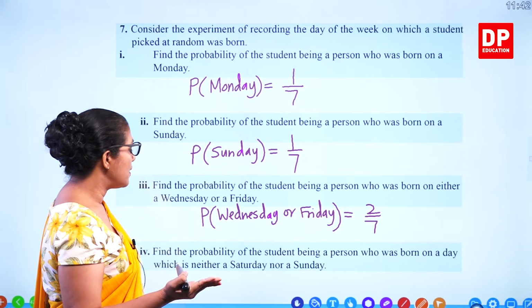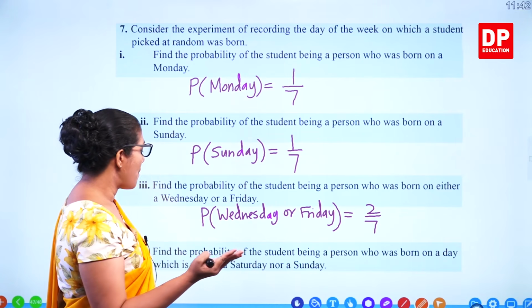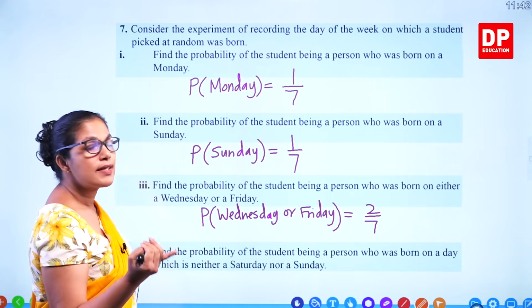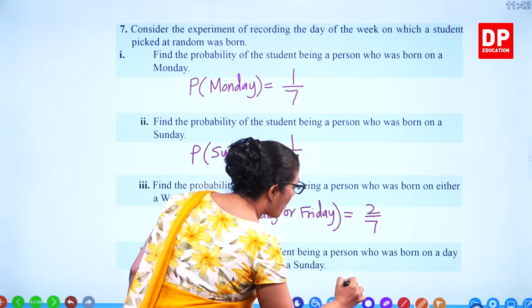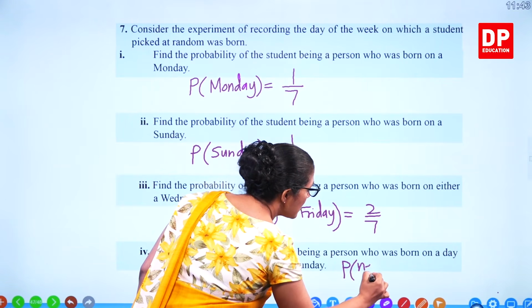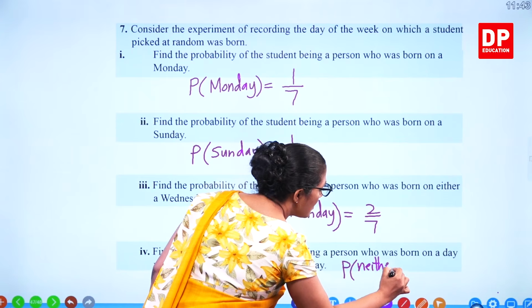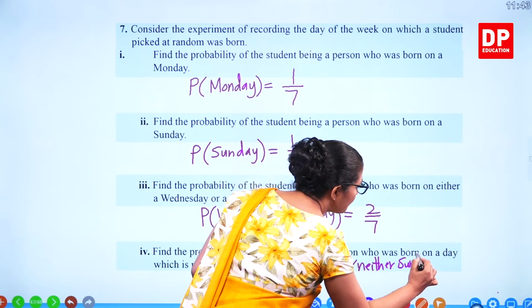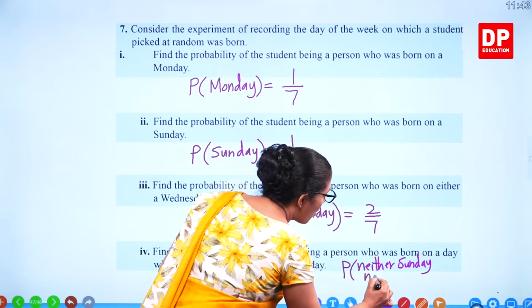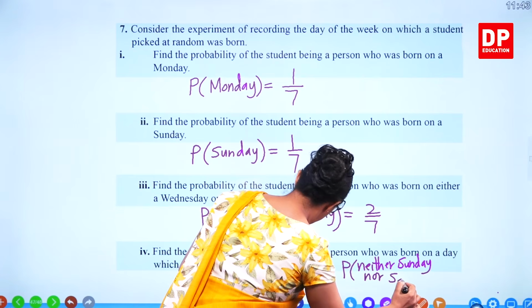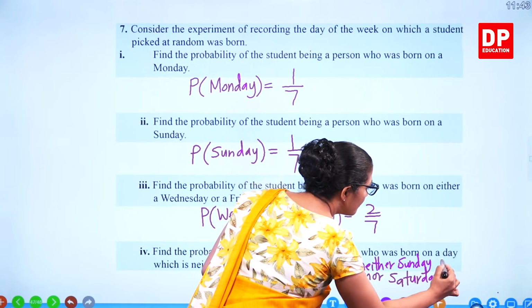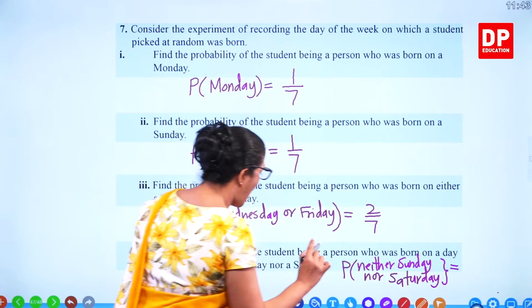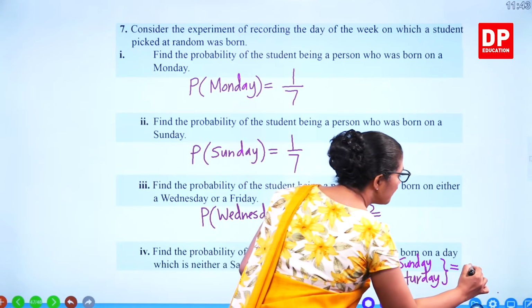You get Monday, Tuesday, Wednesday, Thursday, Friday only. So 5. So here the probability of getting neither Sunday nor Saturday is 5 out of 7.